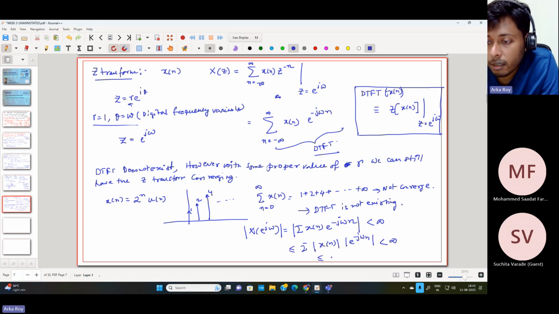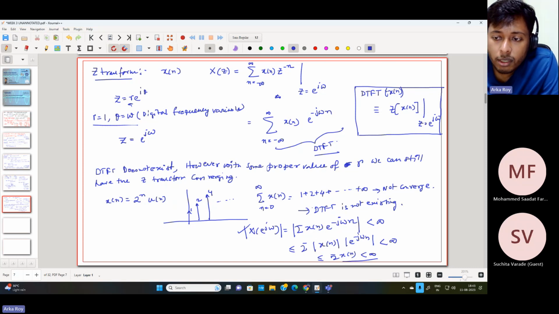Any value of e to the power j omega n, if we take the mod, will be equal to 1. So the summation of mod xn should be less than infinity so that I can get the DTFT stabilized. For this particular case, as the summation is not converging, this particular condition is not valid. Therefore, the DTFT will not exist.